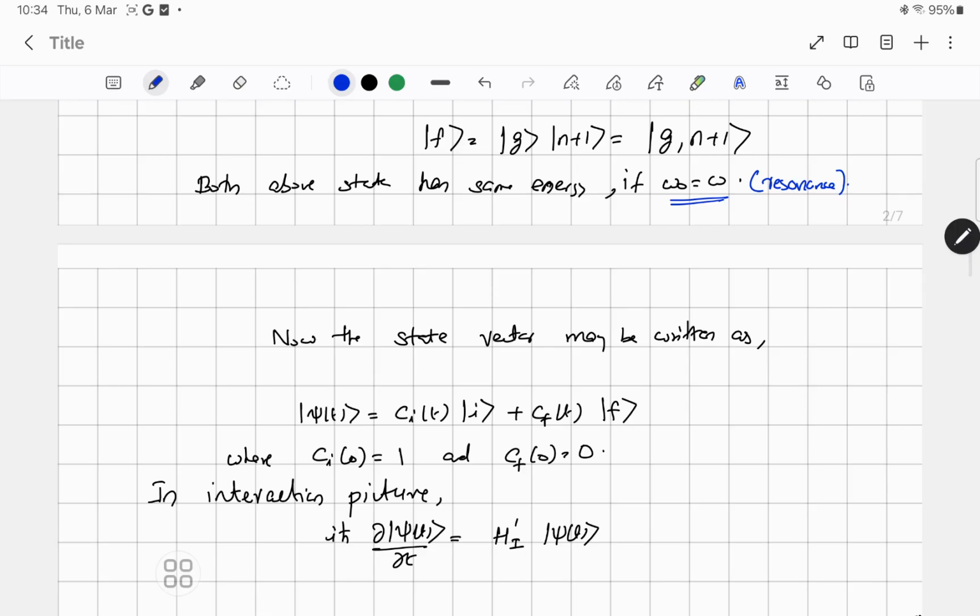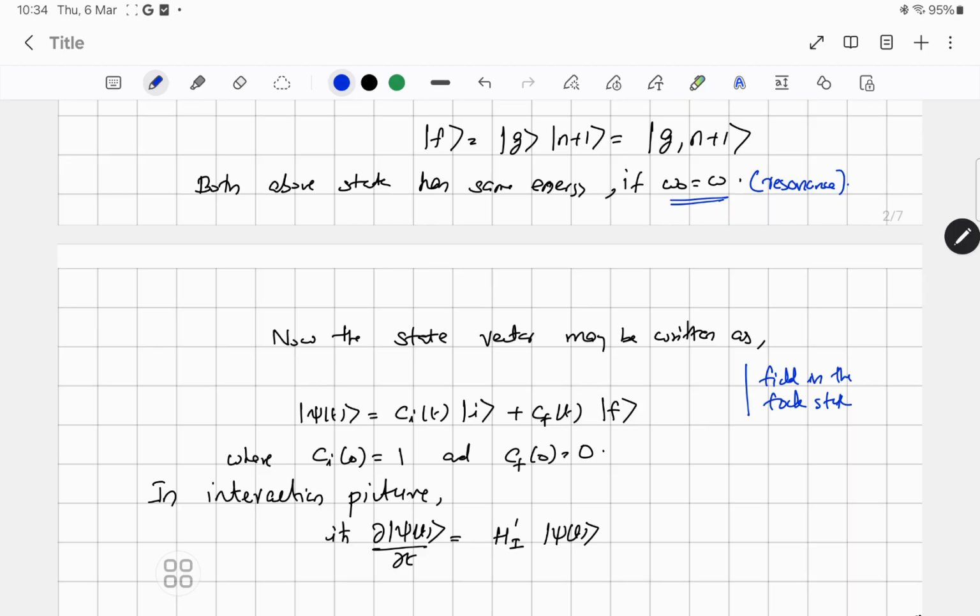Okay. Now a general state. Since these are the two possible states for the atom-field interaction, the general state can be written as Ci of t ψi plus Cf of t ψf. Okay. So remember we have taken the field in the Fock state. Now the Fock state is only one possibility. There are other possibilities as well.